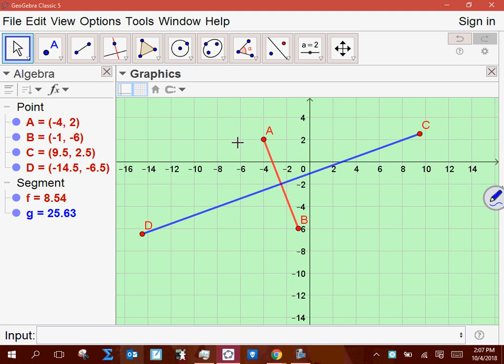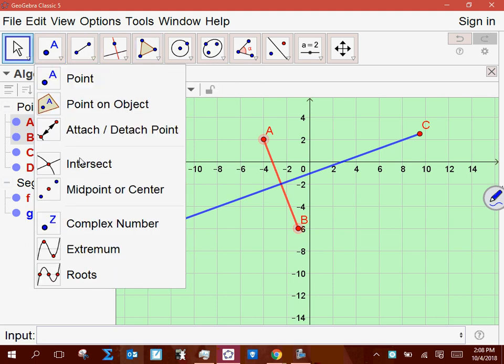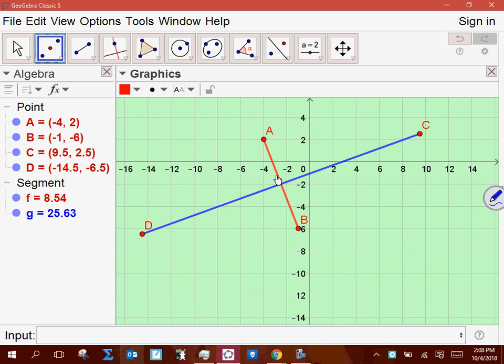Do we have the ability to look at AB, add those together and divide by 2? Add my x's together, gives me -5. Divide by 2, gives me -5/2, so -2.5. Take my y values, add those together, I get -4, divide by 2, I get -2. So the midpoint for that segment should be at -2.5, -2.